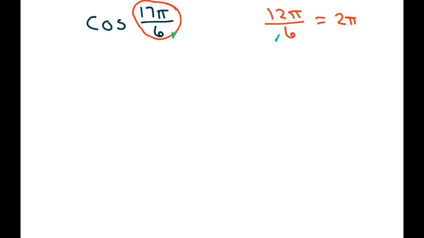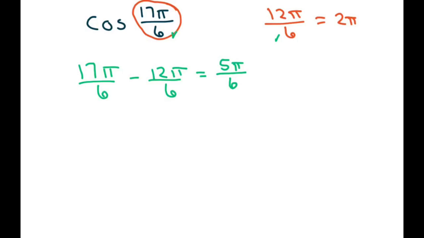So the first thing I'm going to do is make this angle coterminal by subtracting 12 pi over 6. And that gives me 5 pi over 6. And 5 pi over 6, the reference angle is pi over 6, which is 30 degrees.